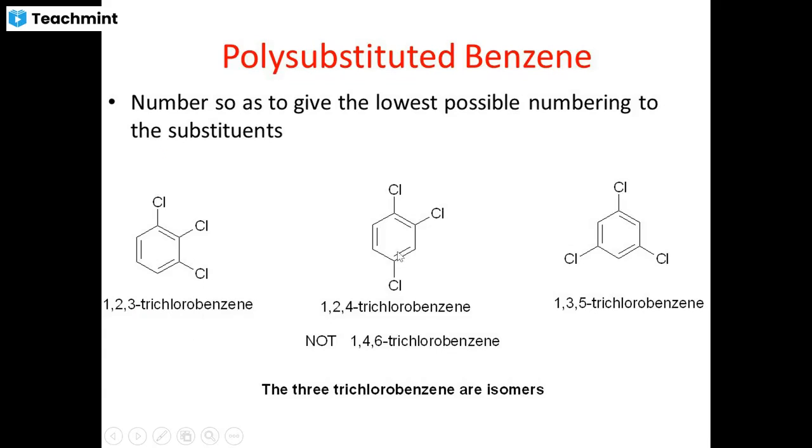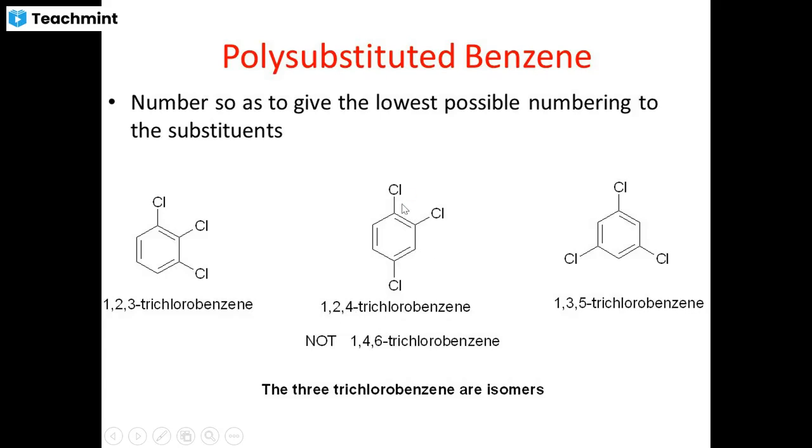Then again, the same substituent, three chlorines, is present on the benzene ring, but the positions are changed. Here 1, 2, 4 positions are convenient for this compound. So 1 comma 2 comma 4 dash trichlorobenzene is the name of this compound, not 1,4,6.